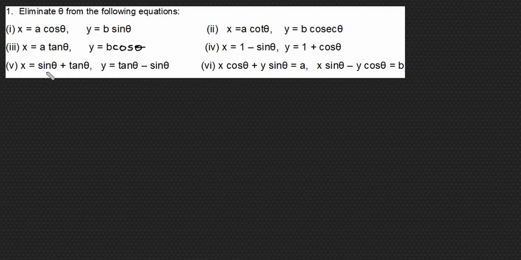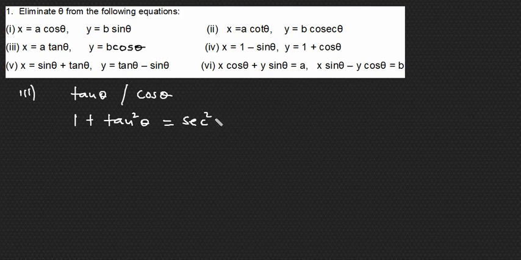Well, let us see Roman numeral 3 now. Now Roman numeral 3 we have a tan and cos. Now whenever you have a tan and a cos, and you can make them the subject, the identity you should look at is the one of 1 plus tan squared theta equal to sec squared theta.